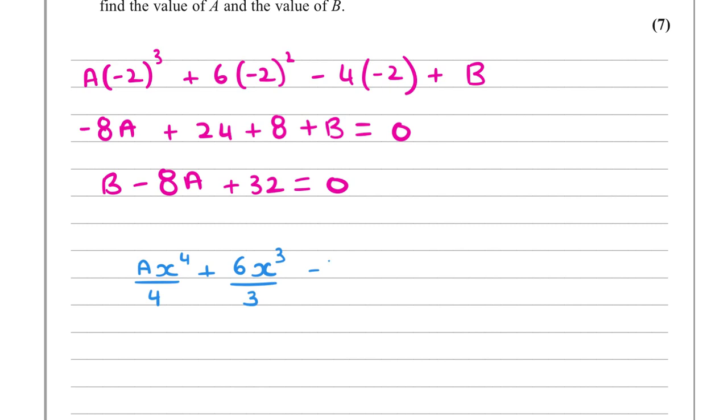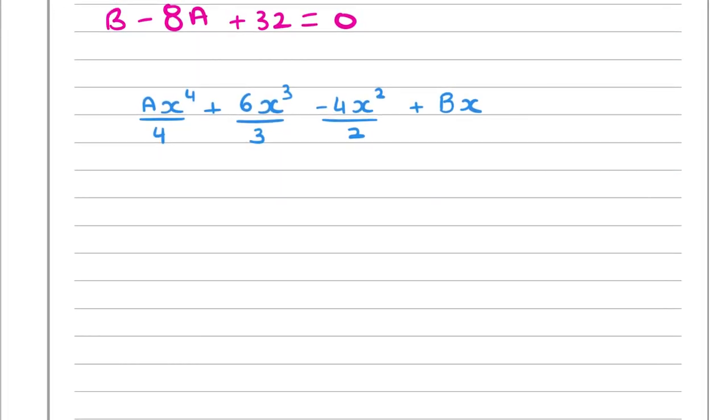Minus 4x, increase the power by 1, divide by the new power, plus bx. Okay, now let's simplify this a little bit. I'm going to have ax to the power of 4 over 4 plus 2x cubed minus 2x squared plus bx.